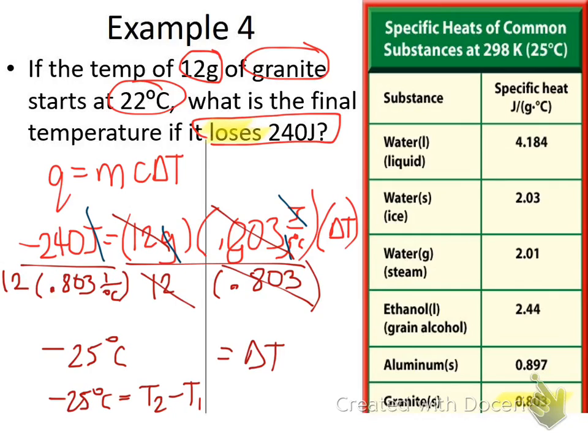And so when we plug in our 22 degrees Celsius as my T1, then I can solve for T2. T2 in this case is going to be negative 3 degrees Celsius.